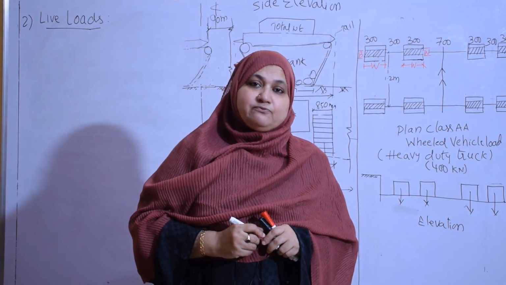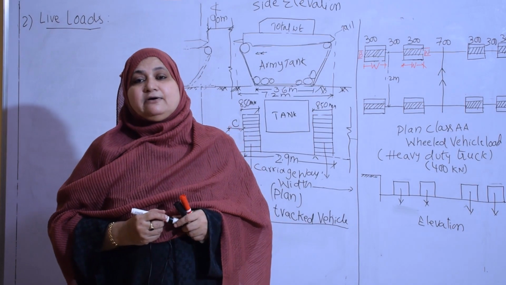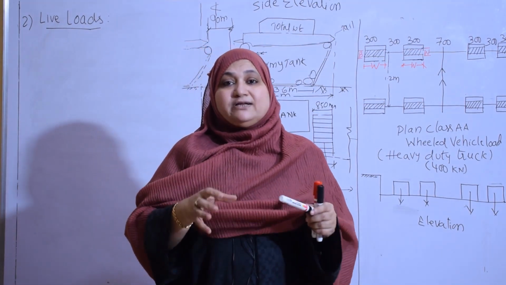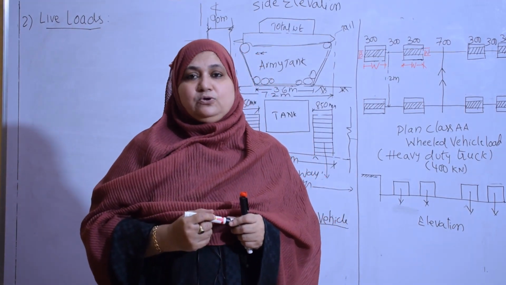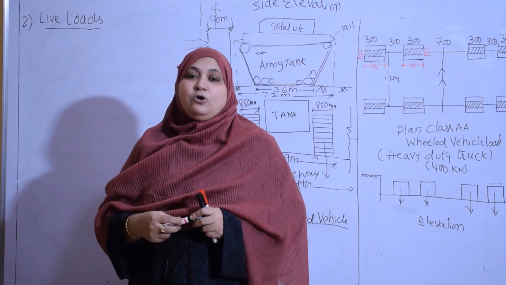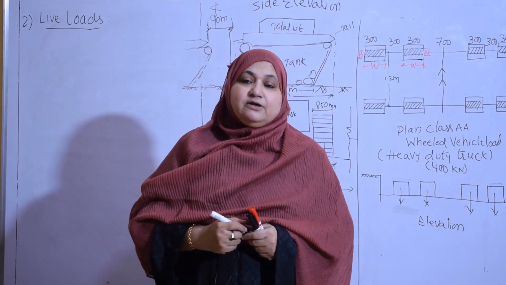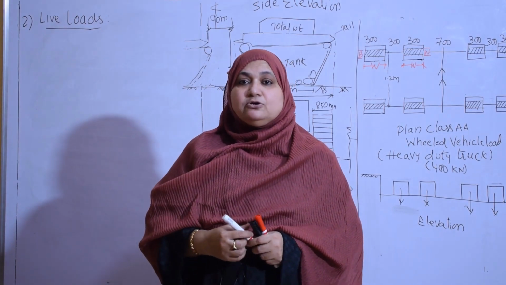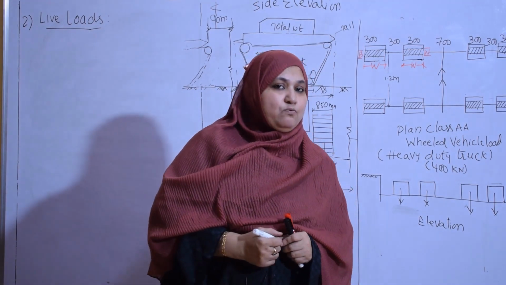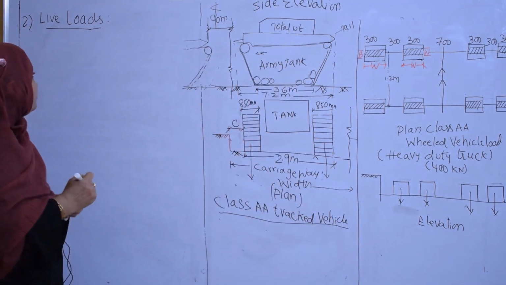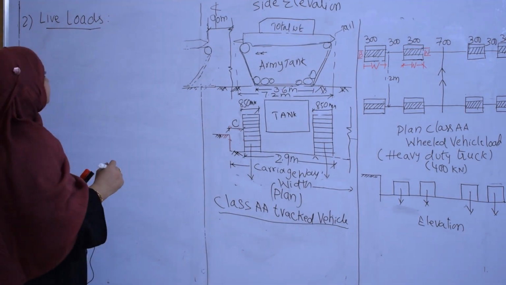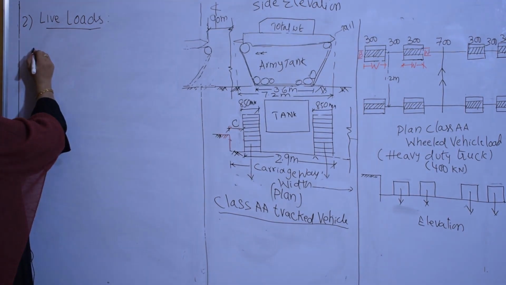Students, the IRC codes are allowed in the examination, but you should know what is to be checked in those codes. So I will explain each and every load in a very clear manner. If you have a hard copy, please keep it with you and watch simultaneously. Indian Road Congress IRC 6 has specified the 3 types of live loads.